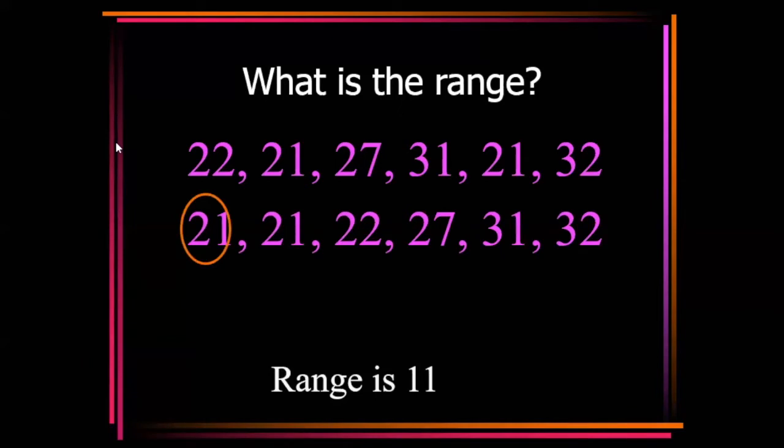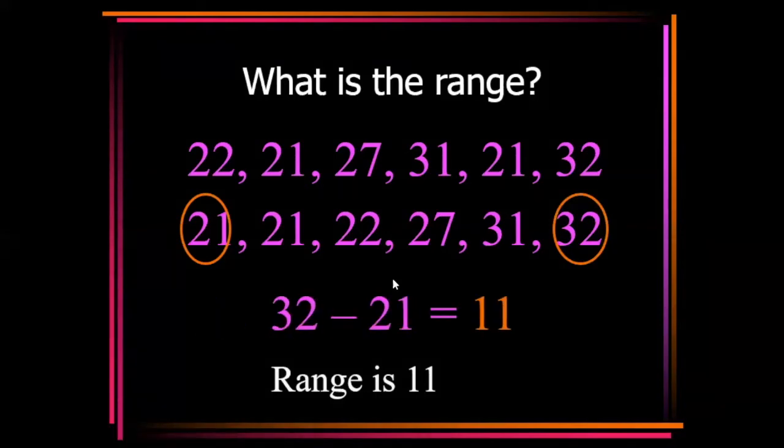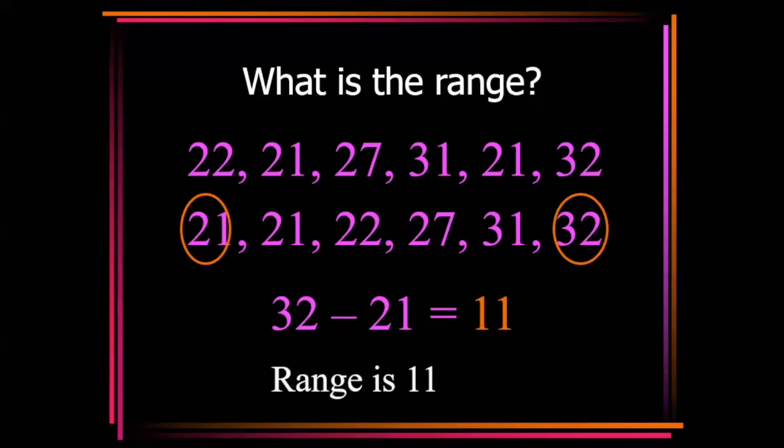That is showing us that 21 is the least value and 32 is the greatest value. Therefore, when you find the difference between 32 and 21, you get 11. The range of this example is 11.